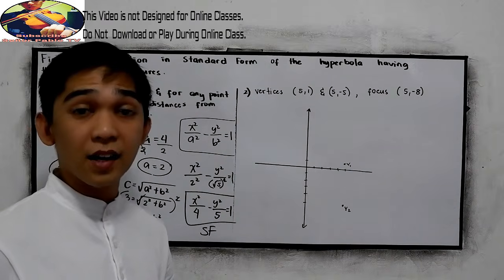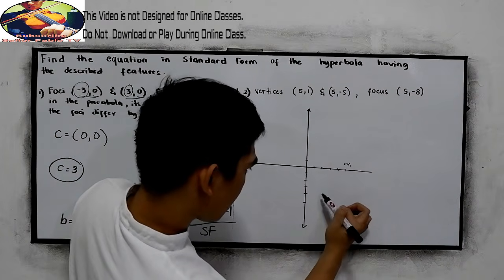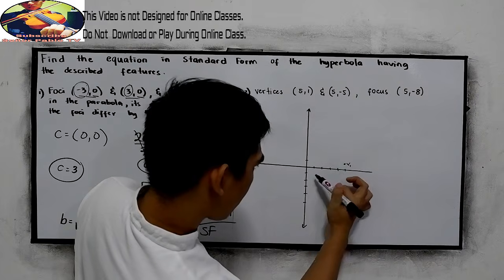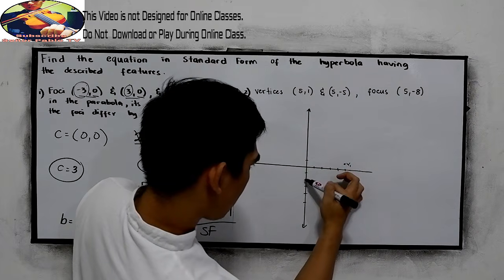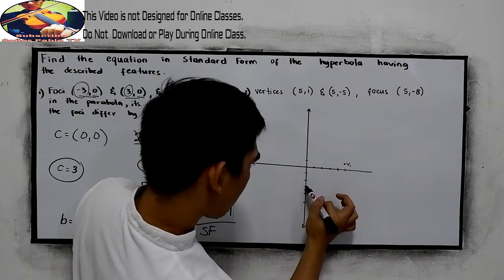Now we can locate the center. So 1, 2, 3. Negative 1, 2, 3, 4, 5.